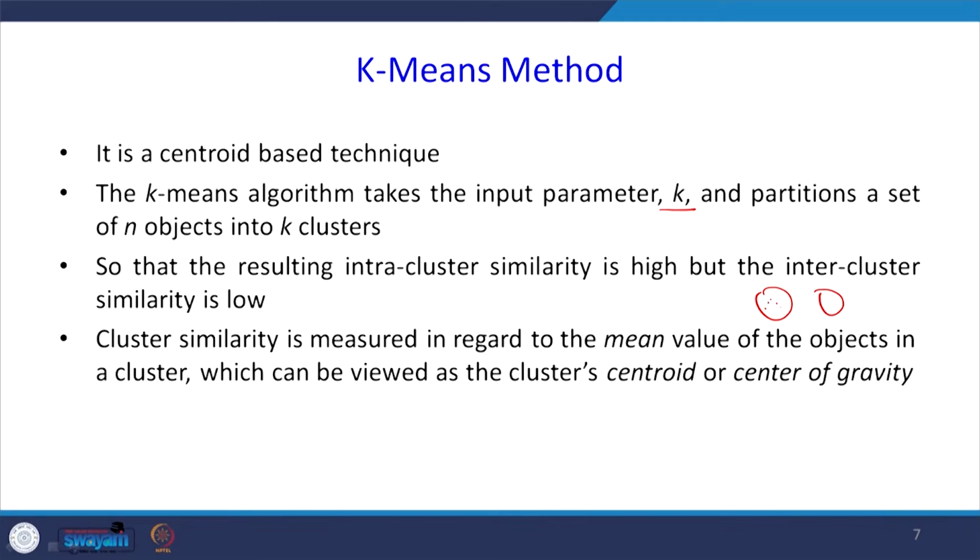Within each cluster the objects are highly homogeneous, but between the clusters there should be low similarity, that means the dissimilarity is high. Cluster similarity is measured in regard to the mean value of the objects in the cluster, which can be viewed as the cluster's centroid or center of gravity, as I told you.